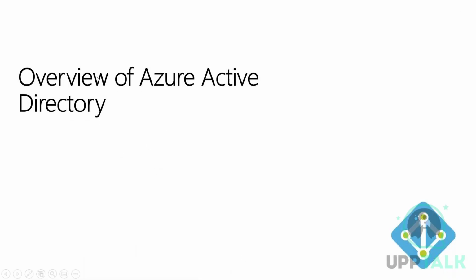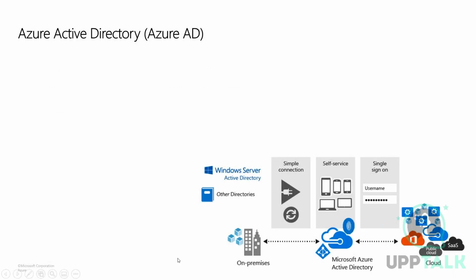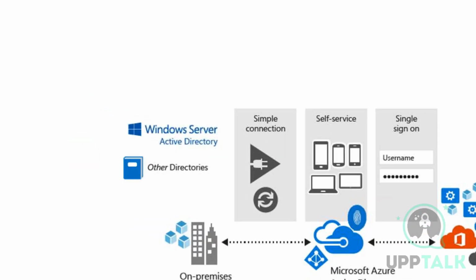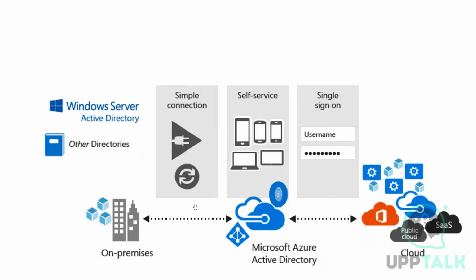Let me move ahead. So I was discussing about Azure Active Directory and the core purpose of Azure Active Directory. Let's move ahead. If you look at the resources over here, on one side, you have your Windows Server Active Directory, which I was talking about, with the 5 components: ADDS, ADCS, ADLDS, ADRMS, and ADFS.